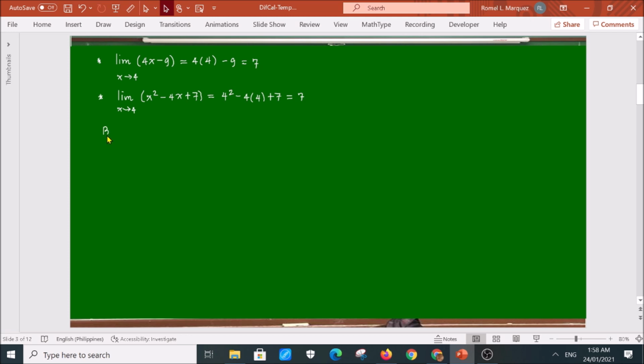Hence, by the squeeze theorem, the limit of g of x as x approaches 4 is also 7.